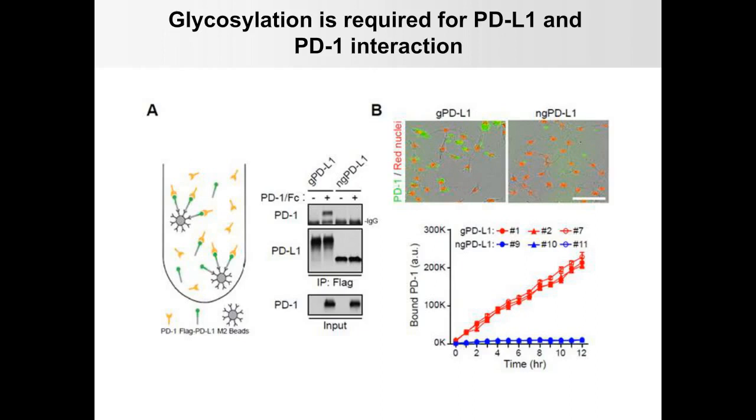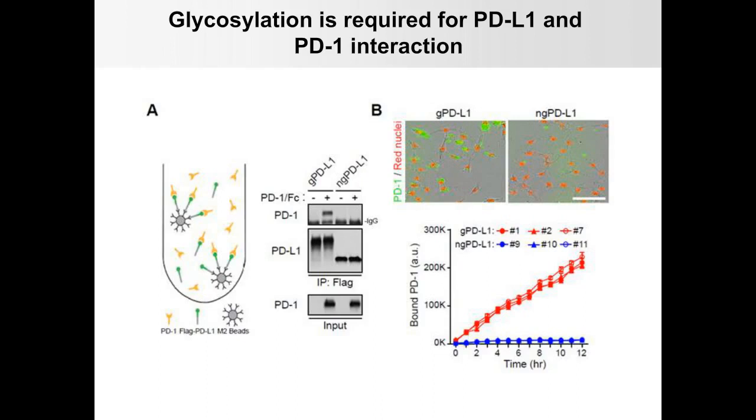This cell also expresses wild-type PD-L1, which is the glycosylated form of PD-L1. Then we add fluorescence-labeled PD-1 protein in the solution. After 12 hours, we can measure the dynamic interaction between PD-L1 and PD-1.